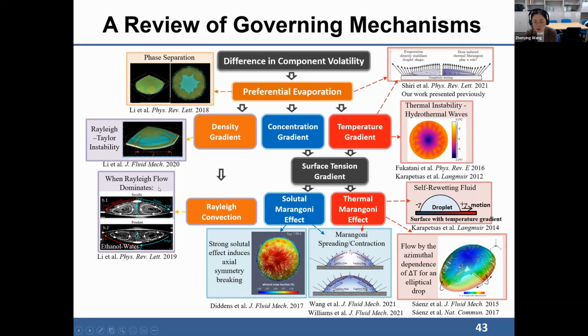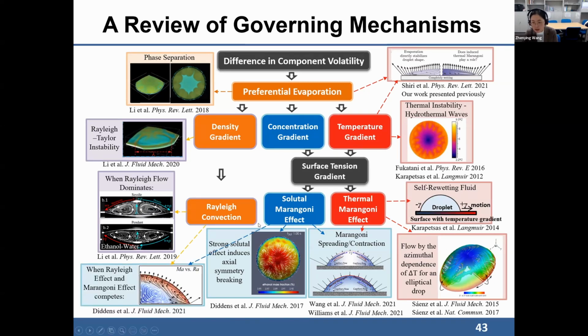When the Rayleigh flow dominates in specific combinations of liquid mixtures, you can see that in some cases the gravity effect will become stronger than the solutal-Marangoni effect. So in some specific cases, the gravity effect will dominate the flow structure, the flow pattern inside the droplet.